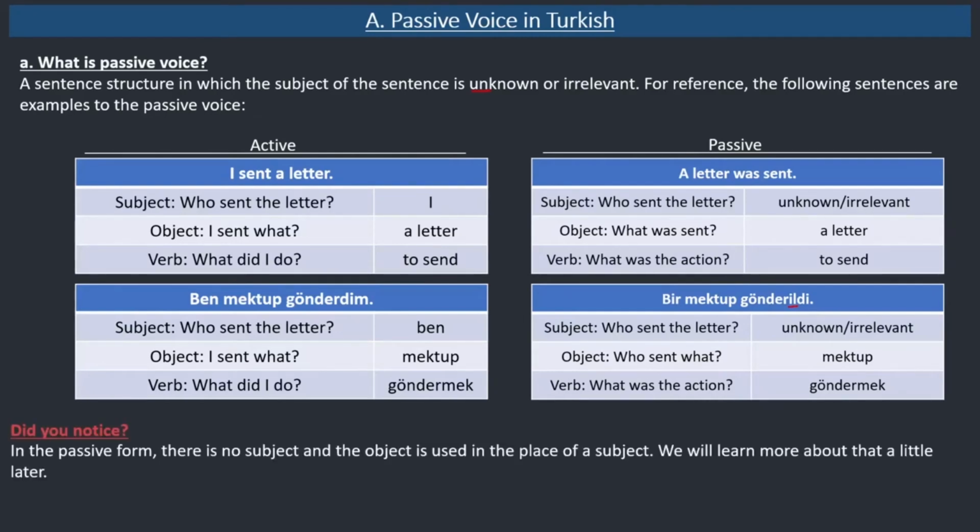So in the passive voice, there's actually no subject, and the object is used in the place of the subject itself. There's a way to use the subject, but we will learn more about that later. For now, let's take a closer look at the il suffix because it's not the only suffix.